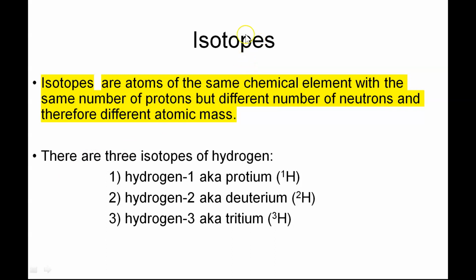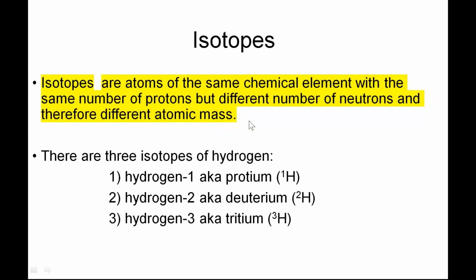And those variations of elements are called isotopes. So let's take a look at the definition of an isotope, right? Isotopes are atoms of the same chemical element with the same number of protons, but different number of neutrons, and therefore different atomic mass.